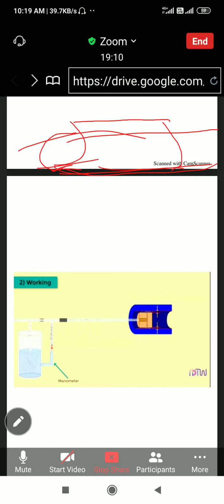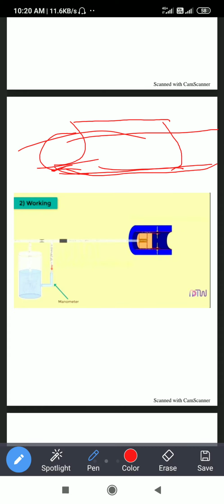the mechanical pressure. The air does not generate the pressure. Just once again, imagine the air is coming through this pipe and coming out of this gauge head.